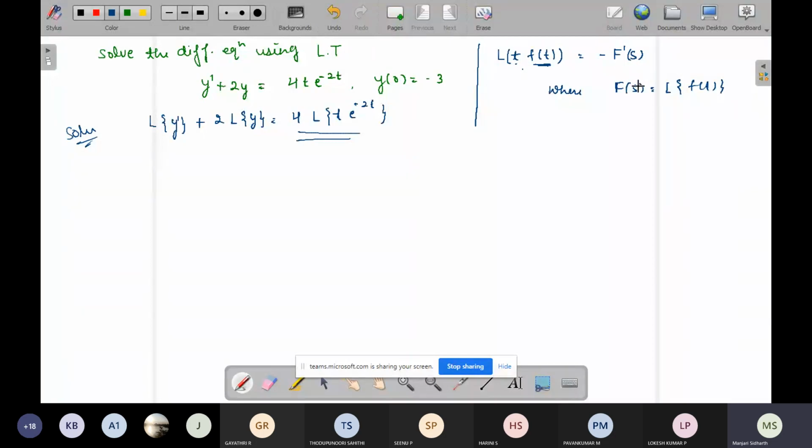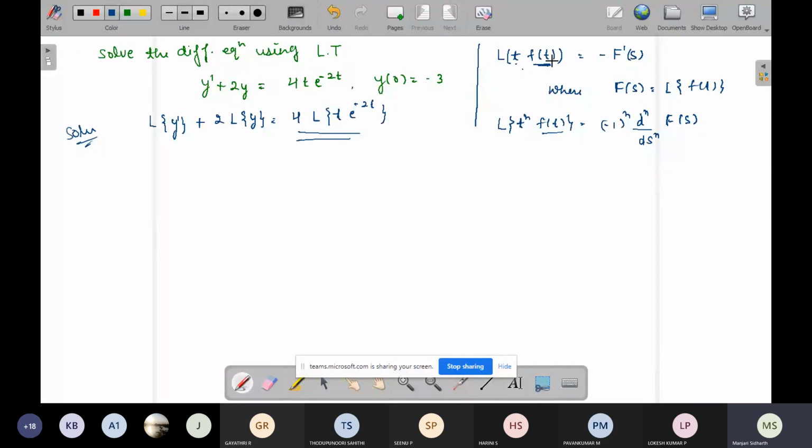Or we have written the general formula also: Laplace transform of t power n f(t) is equal to minus 1 power n, nth derivative with respect to s of this F(s). This is when f(t) is multiplied by powers of t.